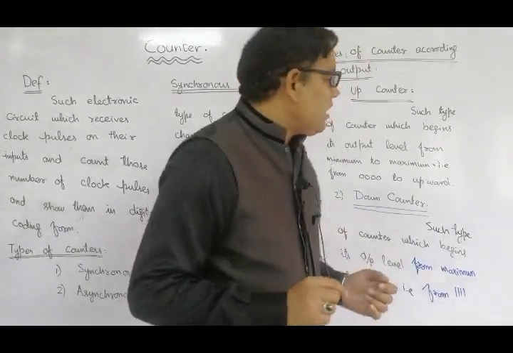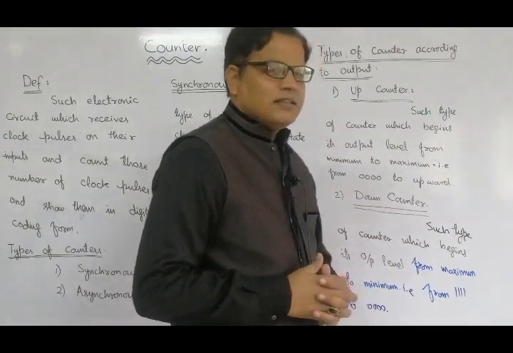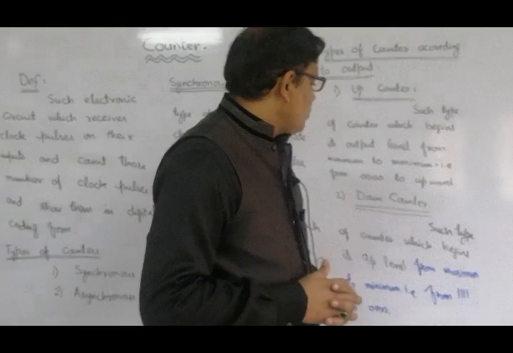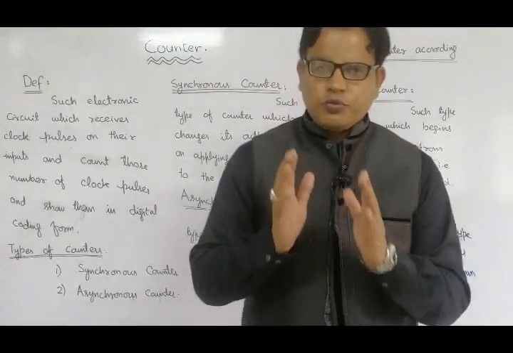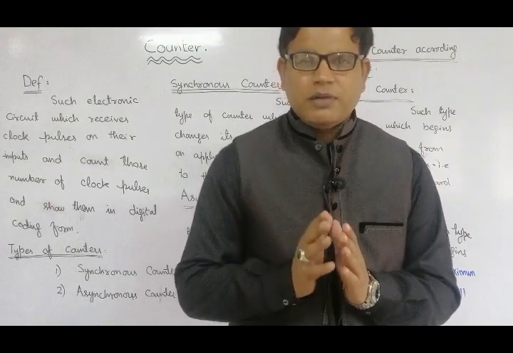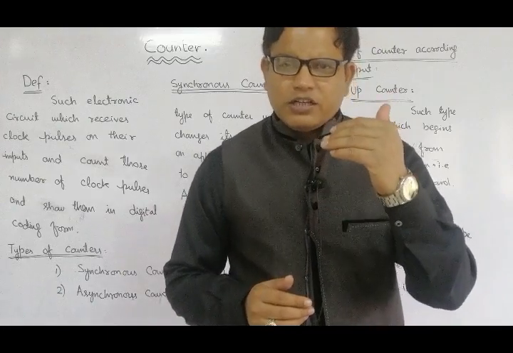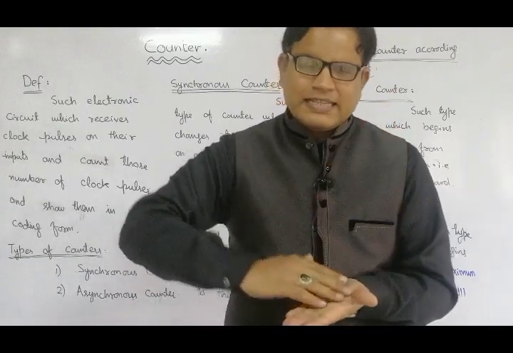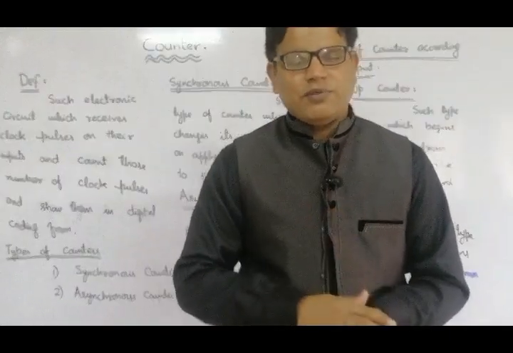First, the up counter. What is an up counter? Such counters begin their output from the minimum level to the maximum level. What is the minimum level? The output minimum level is 000 in binary form, and the maximum level is 111. So what is the working of an up counter? The up counter raises the data from 000 to its maximum state, that is 111.